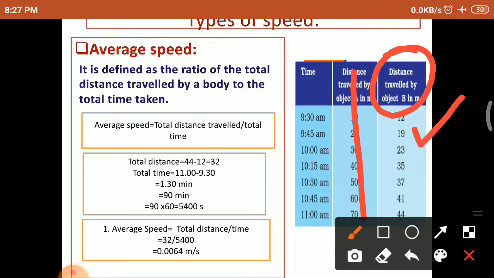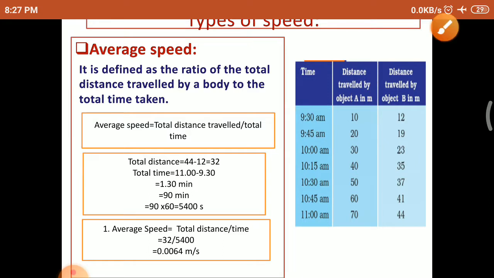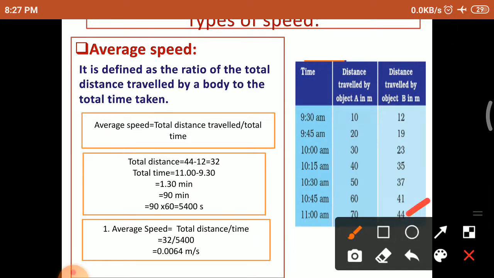So the total distance is 44, and the initial is 12. 44 minus 12, 32. The total time, 11 and 9:30. So 1 hour 30 minutes. If I convert into seconds, 1 hour 30 minutes is equal to 90 minutes. So 90 into 60 equal to 5400 seconds.